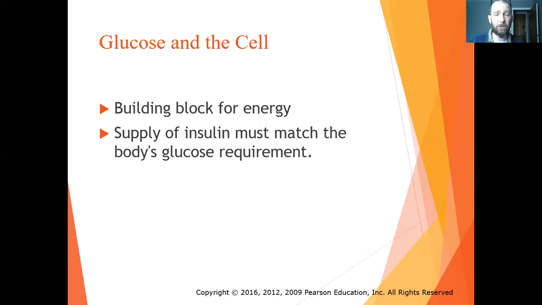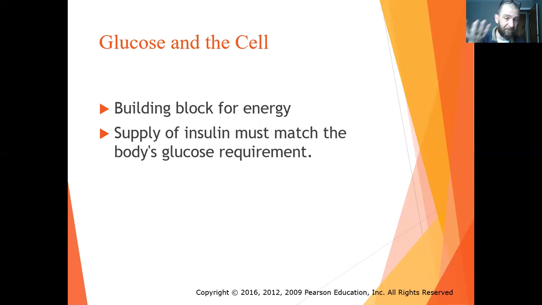Now, in order to get glucose in the cells, we need insulin. We've talked about this, right? It's a hormone made in the pancreas. So the glucose amount has to be just right, and so does the insulin amount. If there's too much insulin, then all that sugar is burned off very quickly, and then all of a sudden there's no sugar left for the cells.